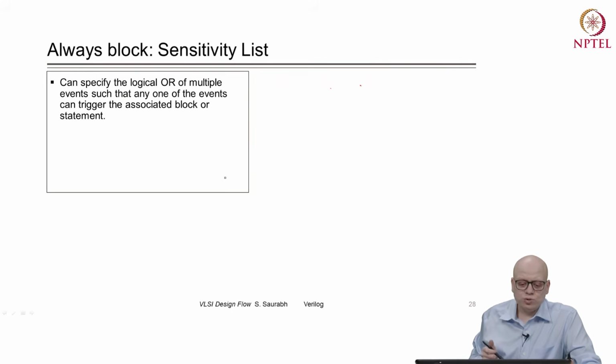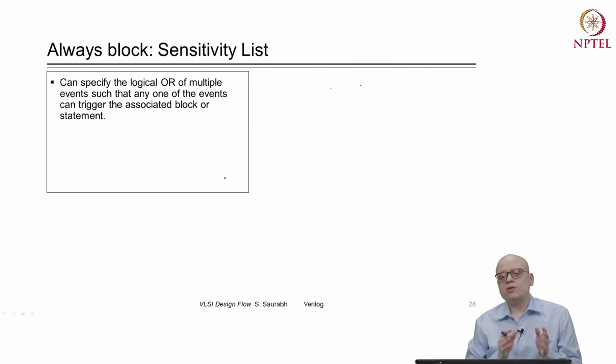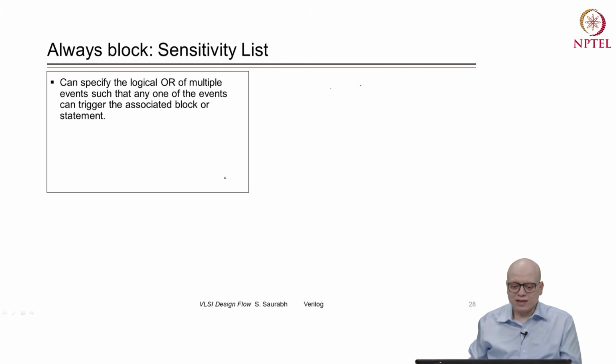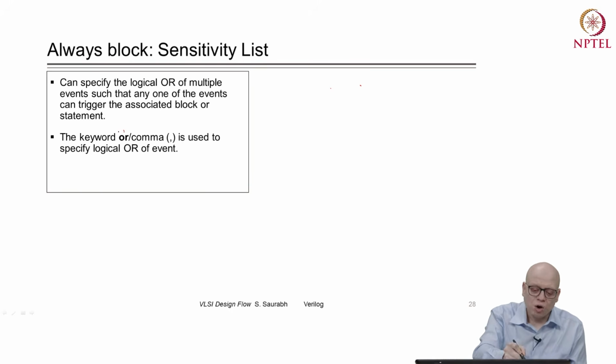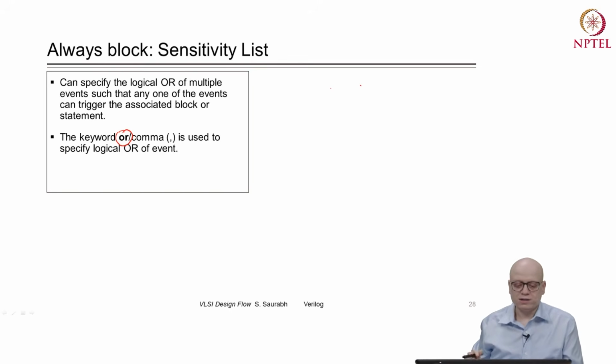Sometimes we need to specify the triggering event as an OR of various triggering events. If that is the requirement, then we can separate various events using the OR keyword or a comma.